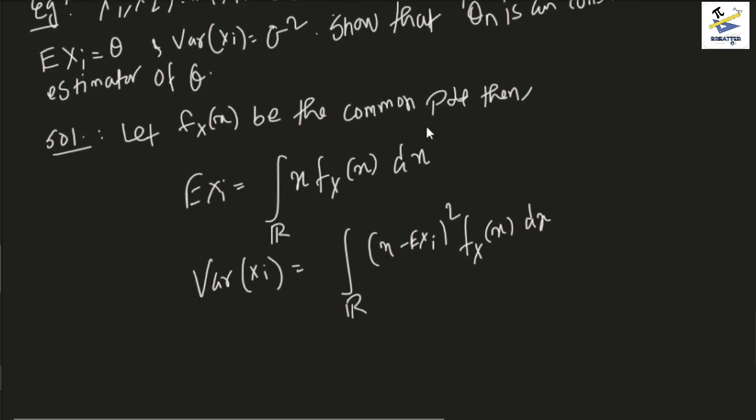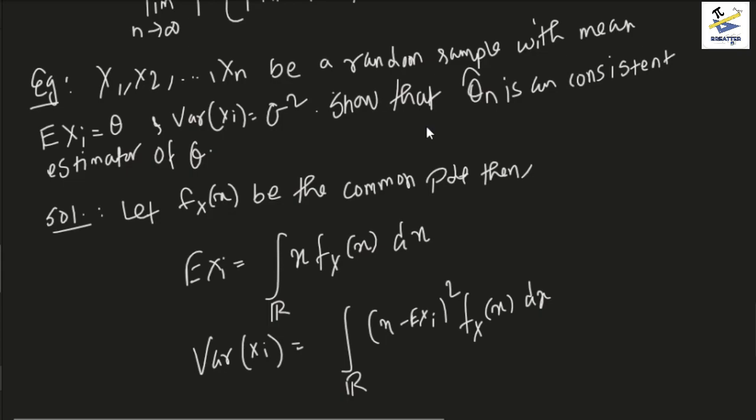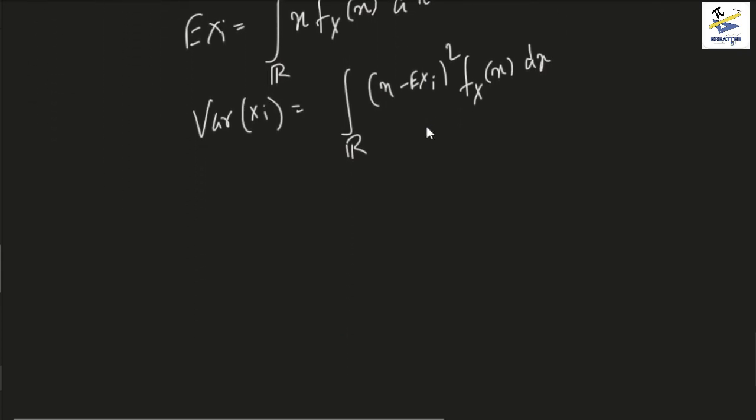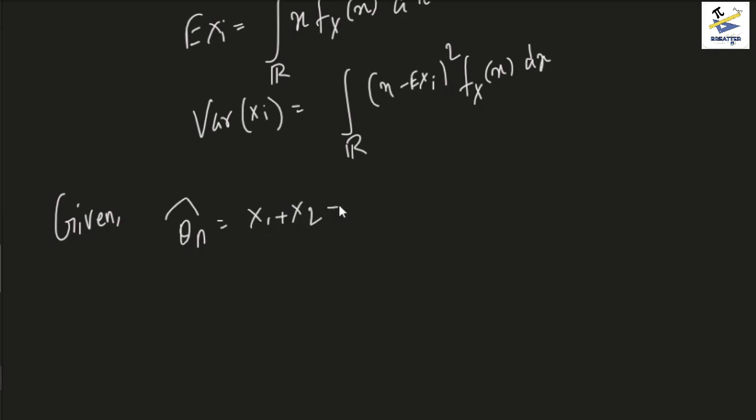We want to show that theta n is a consistent estimator, where theta n is the sample mean, of E Xi, and let E Xi be equal to theta, which is also given.